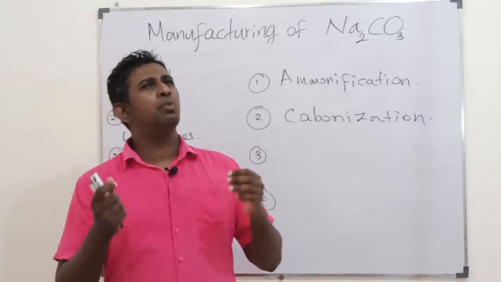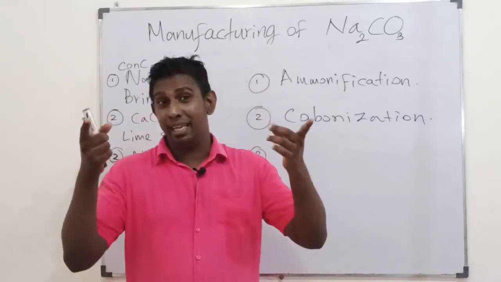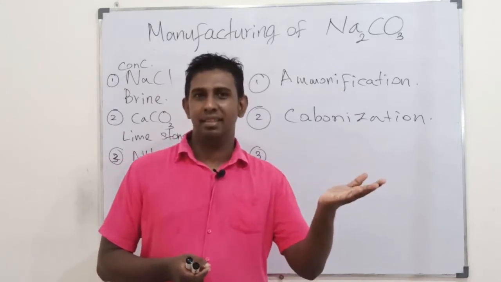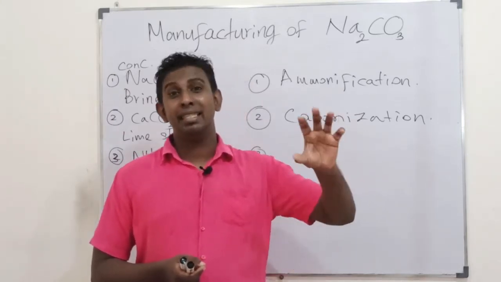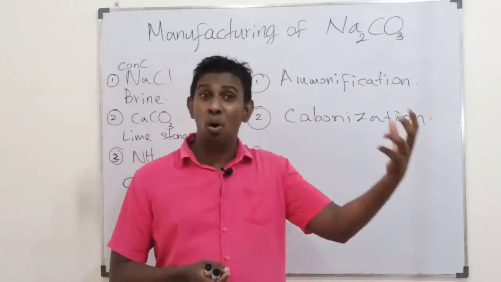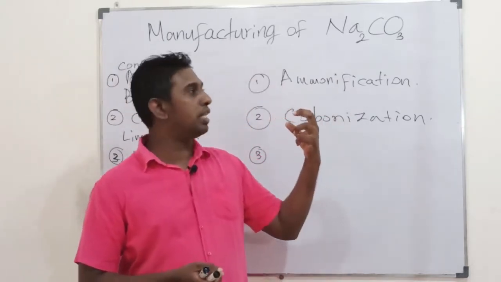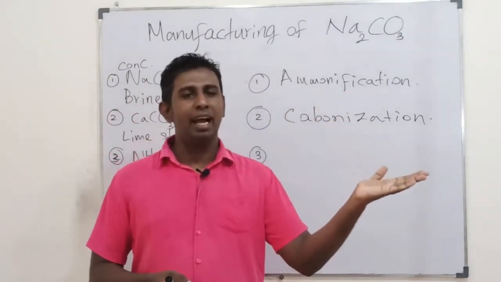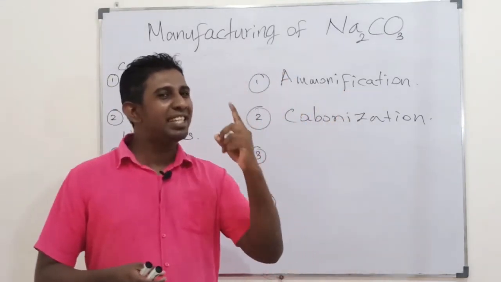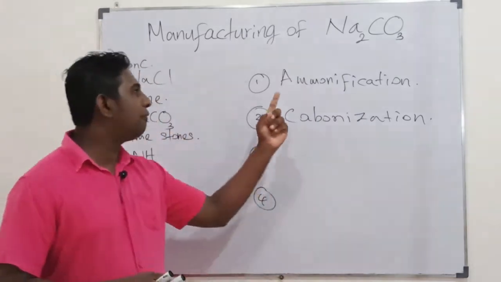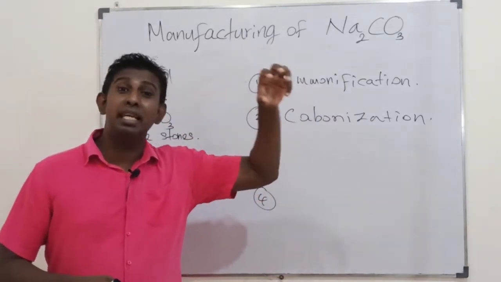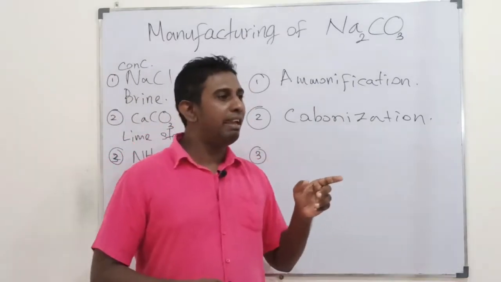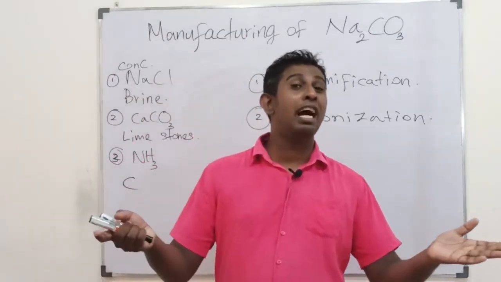Carbon dioxide's water solubility is not that high, but carbon dioxide is an acidic gas. So this acidic gas could dissolve more in the basic solution that we prepare in step 1. So it is actually a trick we follow in step 1, making it more basic with ammonia, so that we could enhance the water solubility of carbon dioxide.